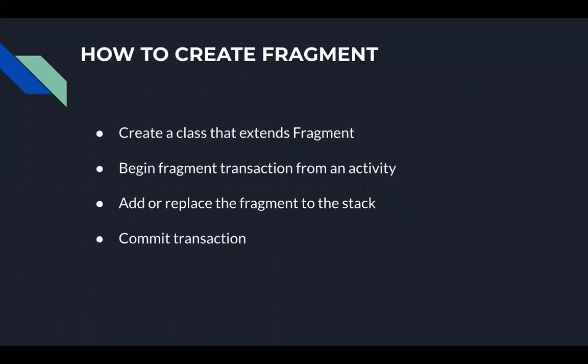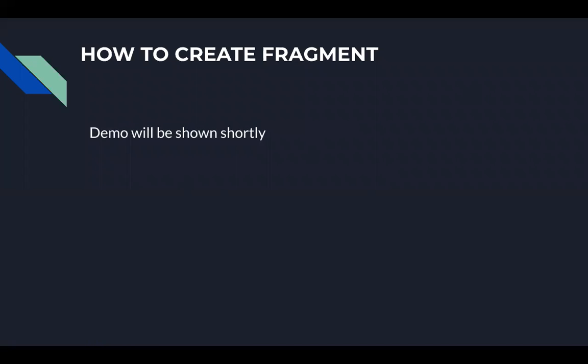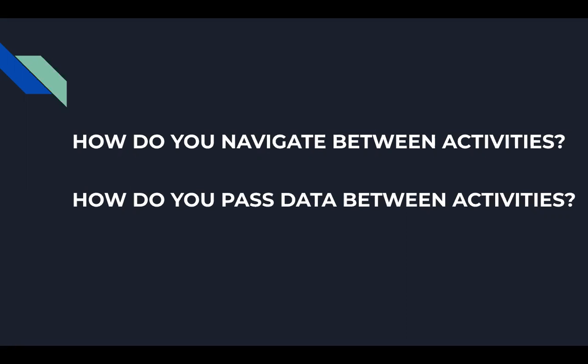Then you go back to that activity and begin a fragment transaction. After you begin a fragment transaction, you add or replace the fragment to a stack, because fragments work in terms of a stack. After you add it to that stack, you commit that transaction. I will show you a demo of that later if we have time.